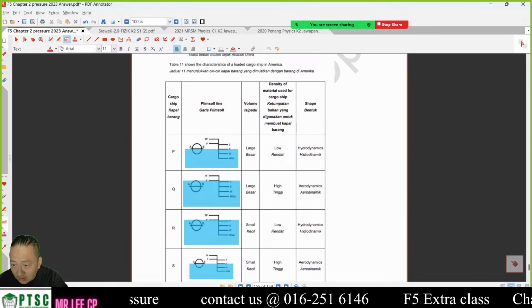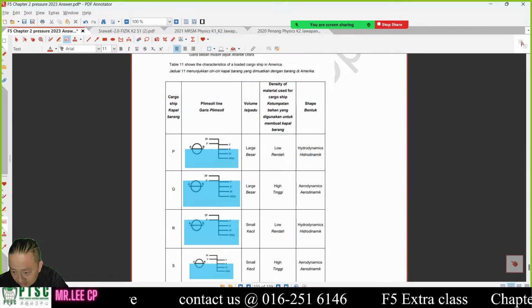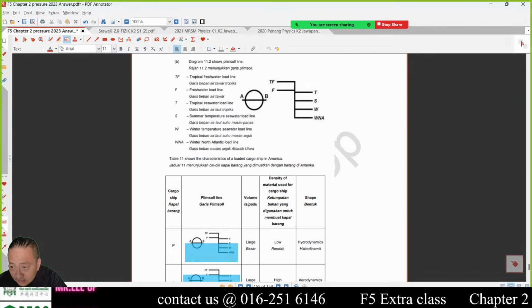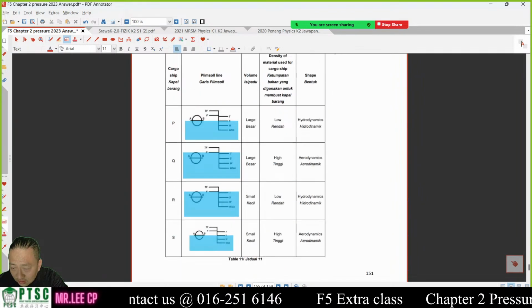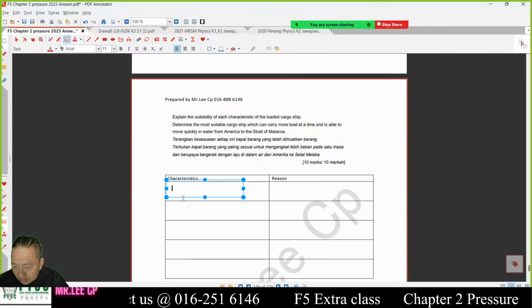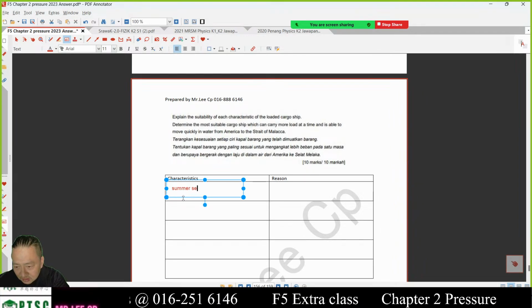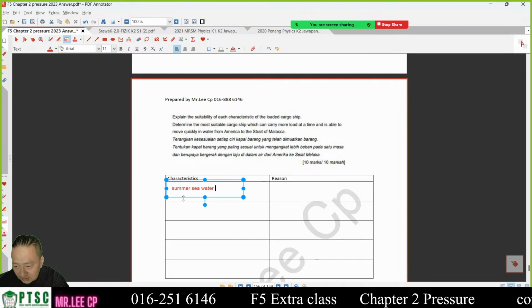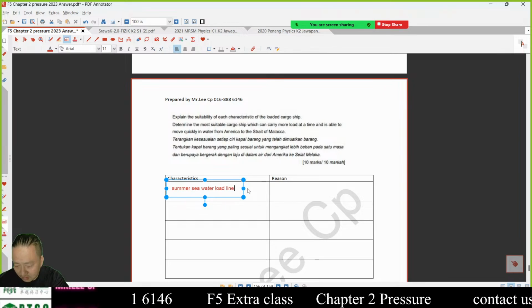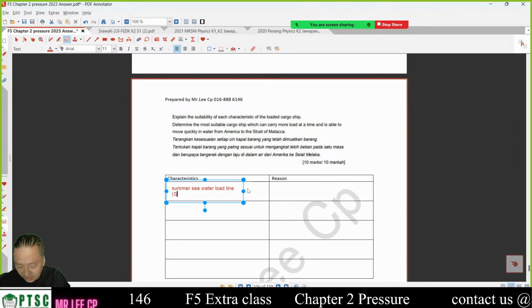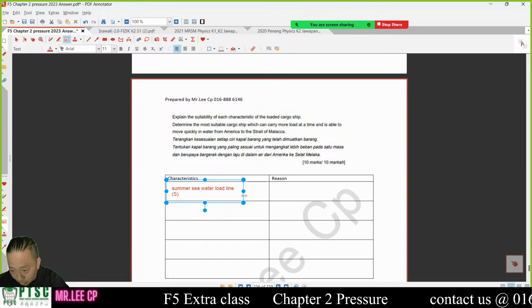Now, this is S. What is S? You write summer temperature sea water load line, or you bracket the S. Some of you go and draw it. Very good, I like it.